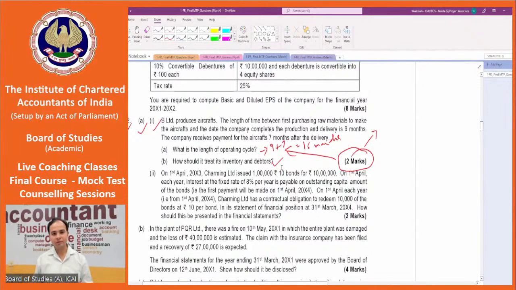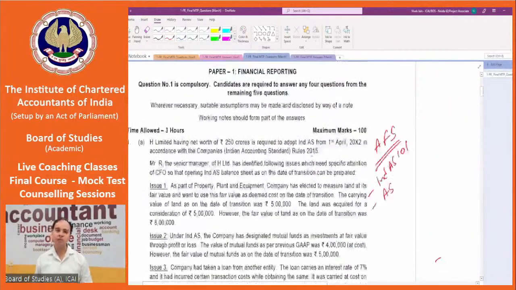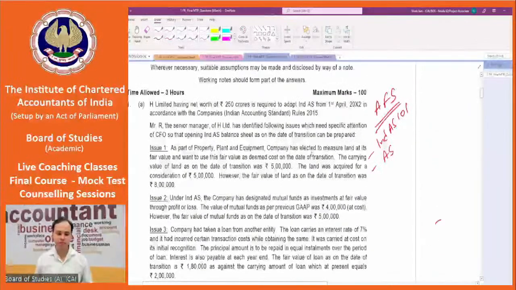And if you are told to elaborate or evaluate, then you should discuss the provisions, facts of the case, make the conclusions, and wherever adjustment is required, wherever interlinking of other standards is required, you should mention all those aspects. You have to apply your knowledge and mind as per the facts and circumstances of the particular situation and question.